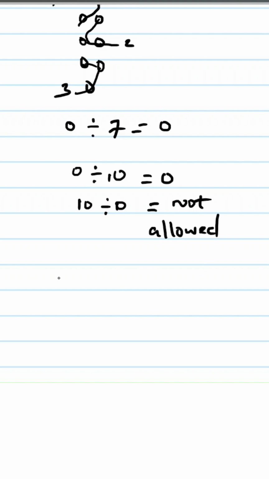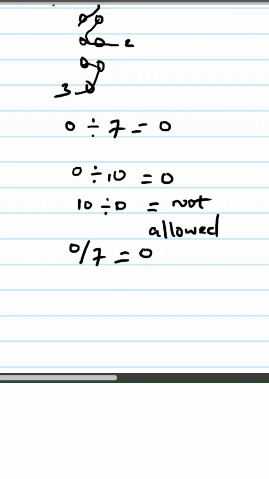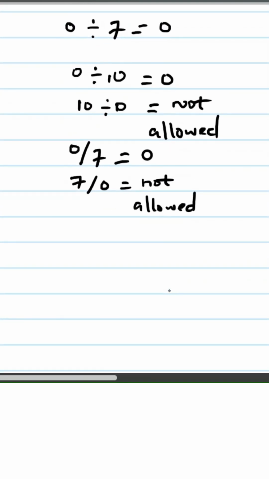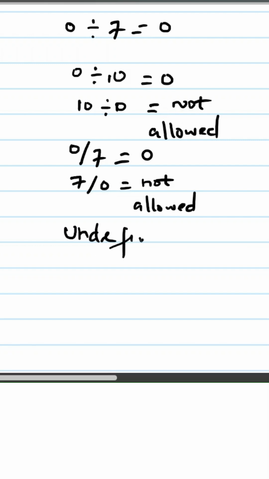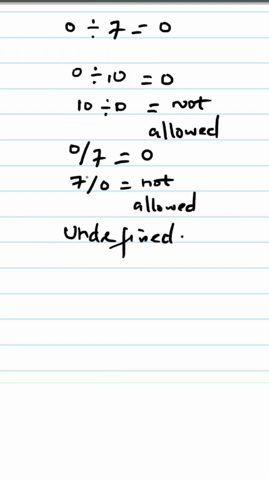Okay, so 0 divided by 7 is 0, but 7 divided by 0 is not allowed. We cannot divide a number by 0. In most math theories, it is called undefined. So we don't divide a number by 0, but 0 divided by any number gives us 0.